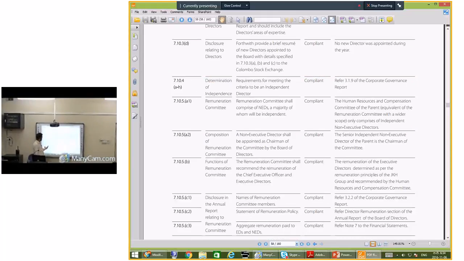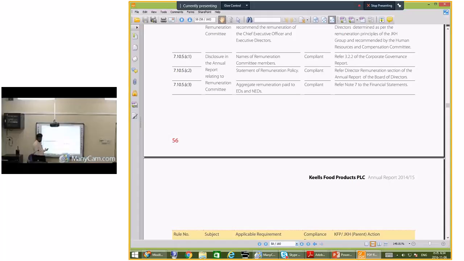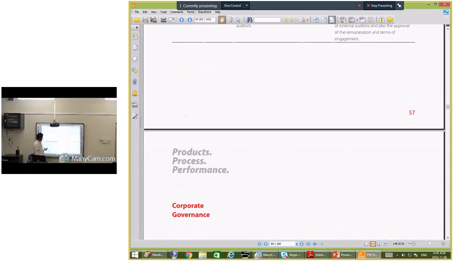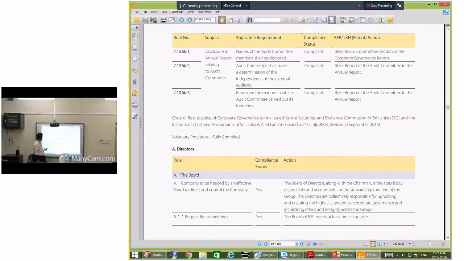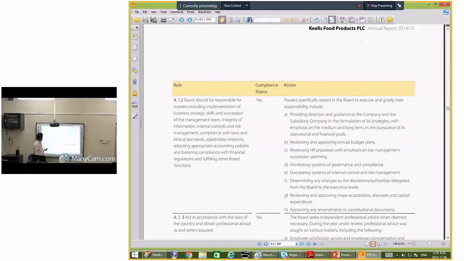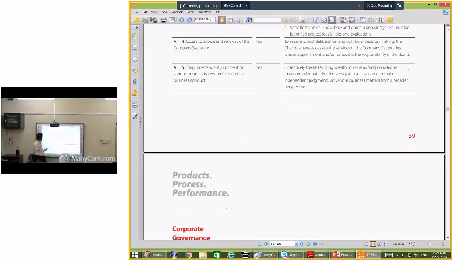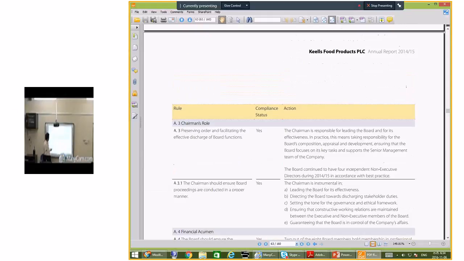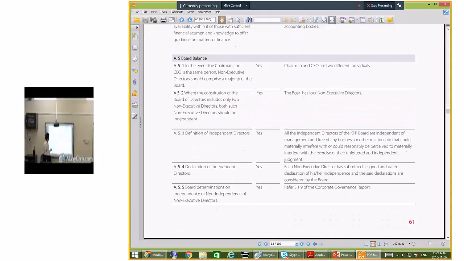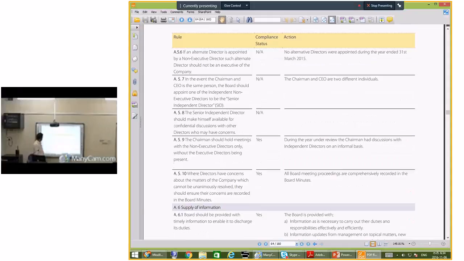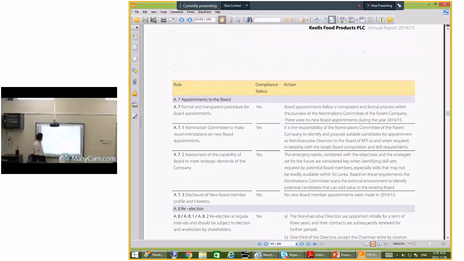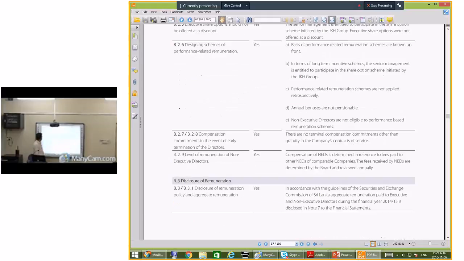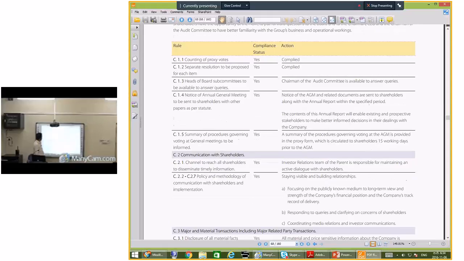Those are very important for investors and users of financial statements. There are a number of pages. We are at page 67 now out of 160.